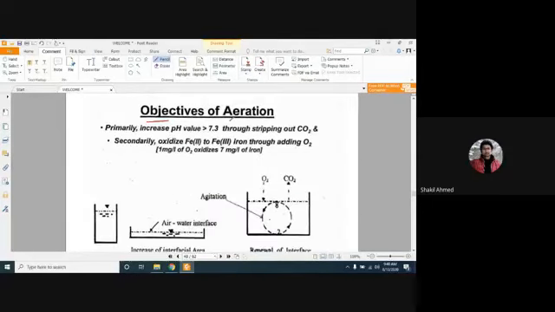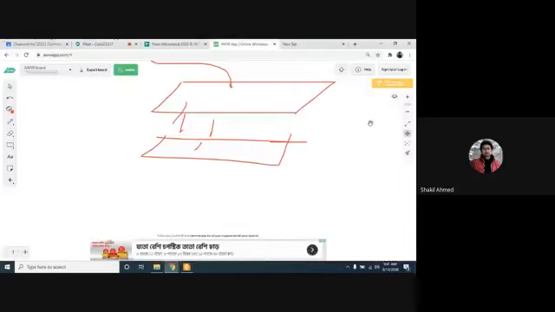So, objectives of aeration: primarily, increase the pH value greater than 7.3 through stripping out carbon dioxide. Now, what happens when you add oxygen in water?